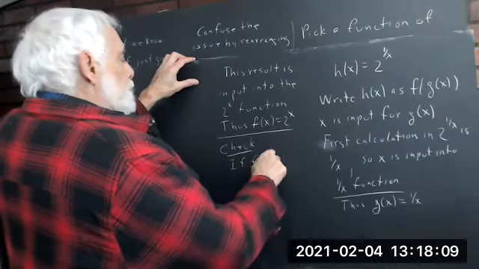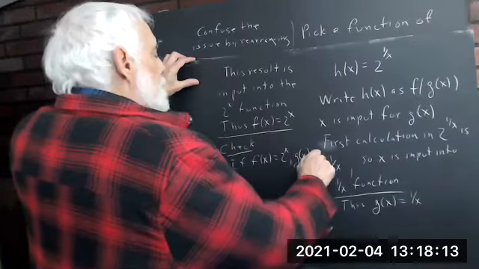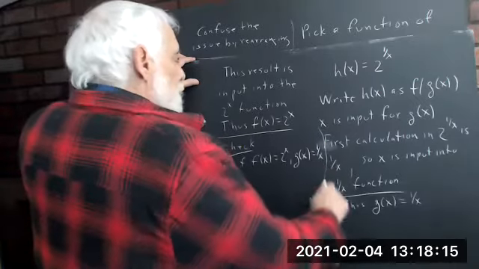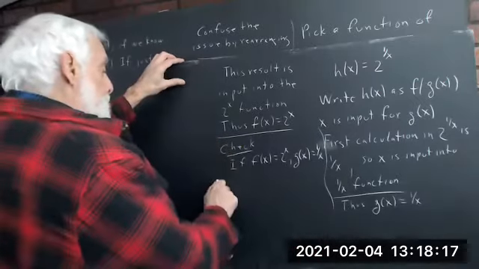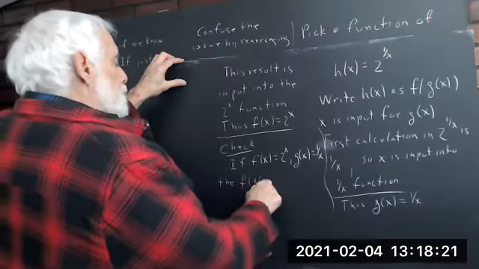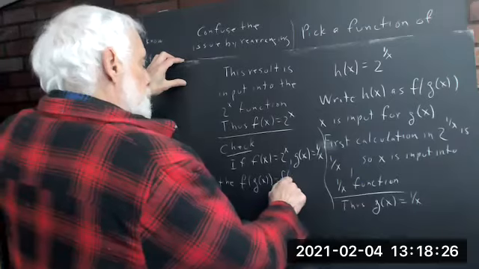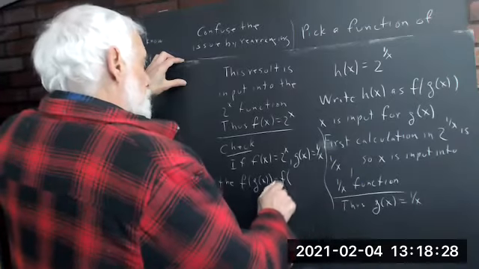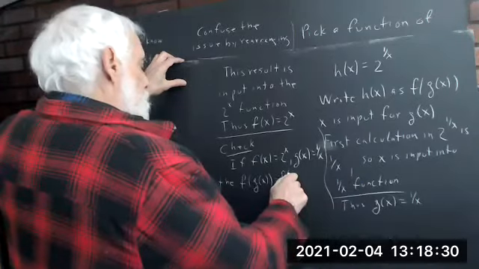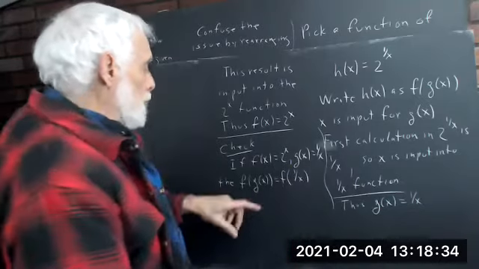If f of x equals 2 to the x, and g of x is 1 over x, then f of g of x equals f of 1 over x.